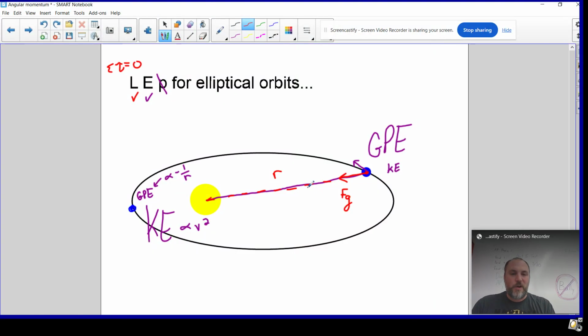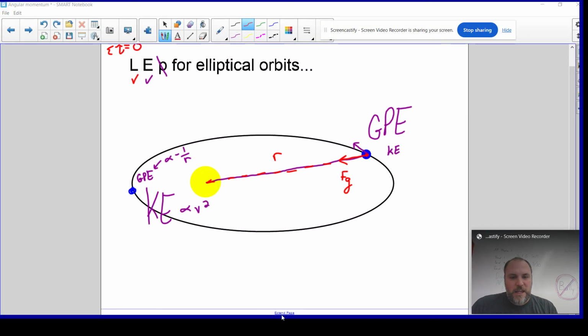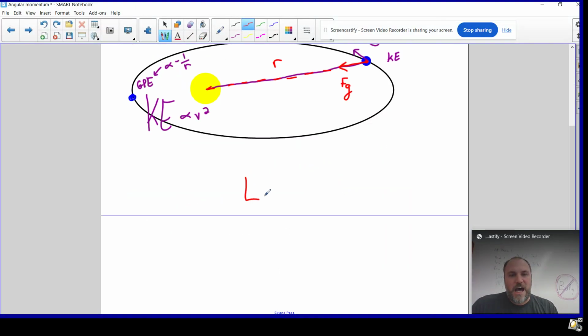Angular momentum is conserved because the only force on the planet is in line with r. So there's no torque. If I were to look at angular momentum, which is I omega, out here where the planet is much further from the center of the sun, I is very large. And in order to conserve angular momentum, that means omega would have to be smaller in that position where it's further away.